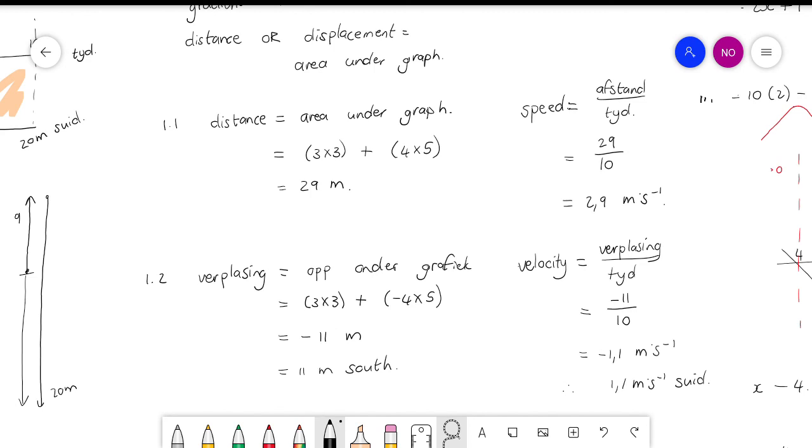This is when you're calculating the average velocity. So vir die eerste stuk was sy snelheid mos gewees 3 meter per sekonde noord en vir daai onderste stuk was dit 4 meter per sekonde suid. Maar die gemiddelde snelheid van die hele beweging was 1,1 meter per sekonde suid. So the average velocity of the whole 10 seconds was 1,1 meters per second south.